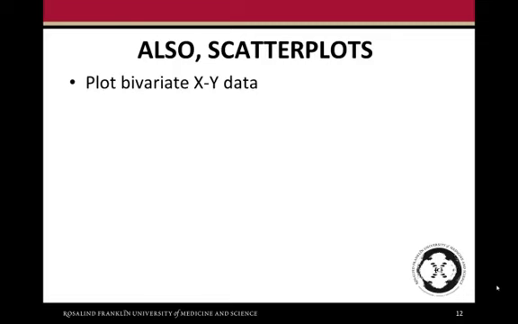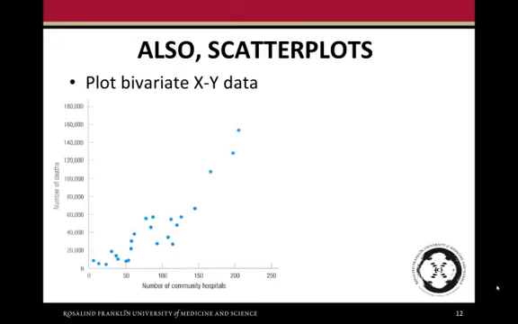So a couple examples that I'll show you quickly here. On the x-axis here is the number of community hospitals, and then on the y-axis is the number of deaths. So when you look at a point, for example, that's at 50 community hospitals, the number of deaths there might be around 7,000, for instance. So each of those data points is unique.